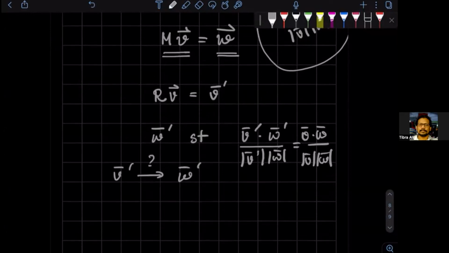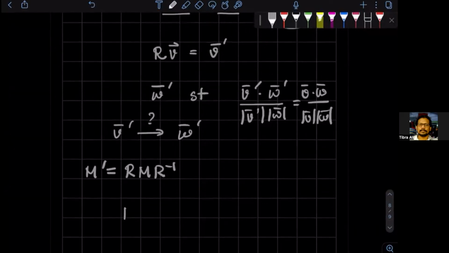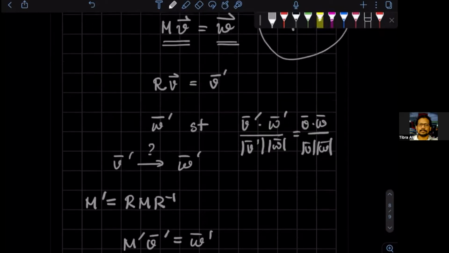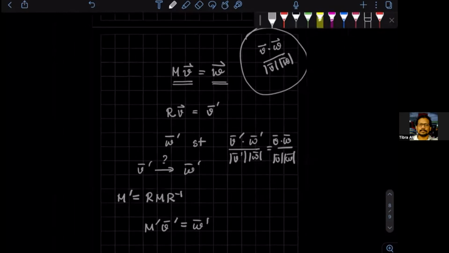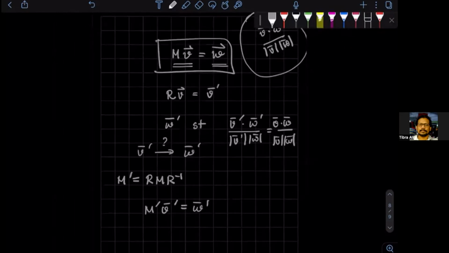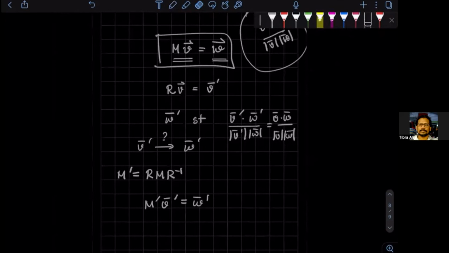And the answer to that would be that you basically have some matrix M prime, which is R M R inverse, and that matrix M prime acting on V prime is going to give you W prime. So in a sense, these equations are equivalent equations, but in a different basis, right?